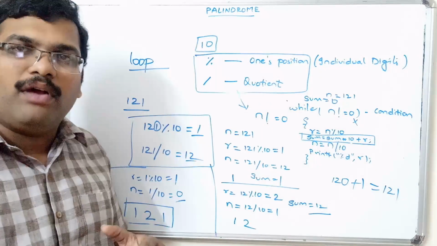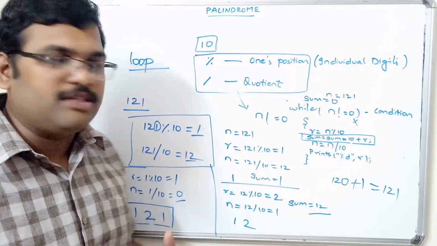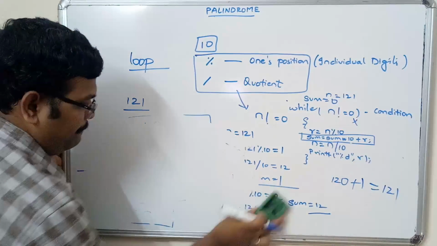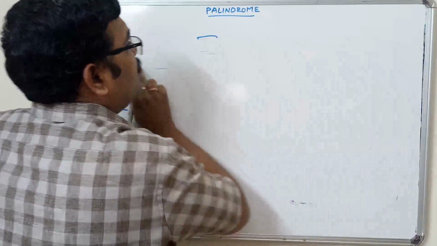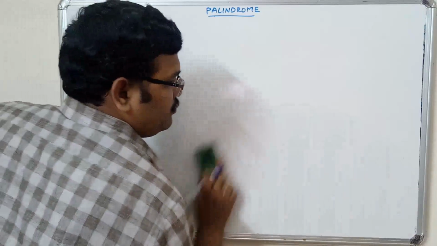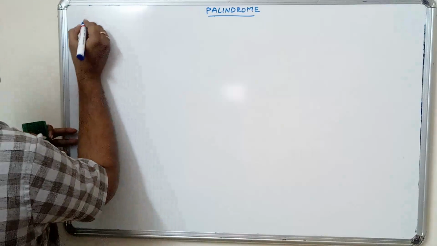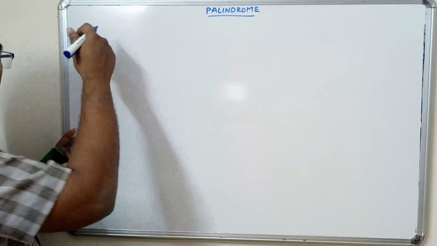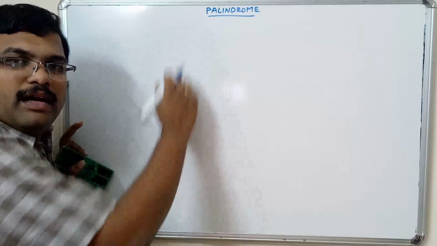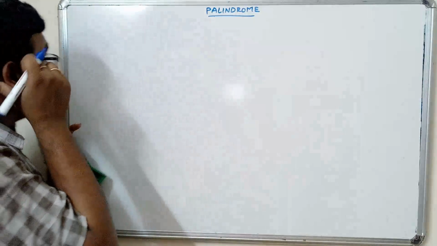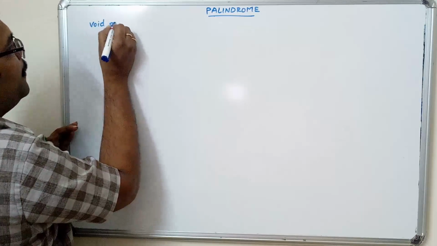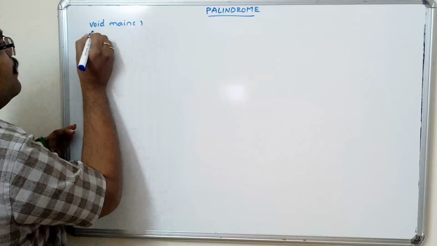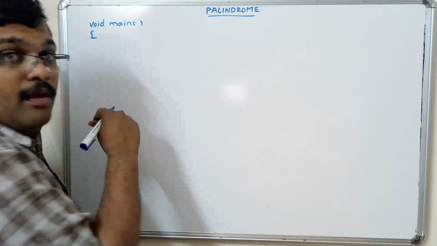Now let us write the program so that you can clearly understand. So I am not writing that header files and all these things. I am just writing from main function. So void main, right?